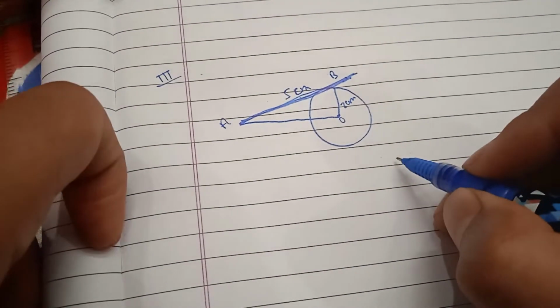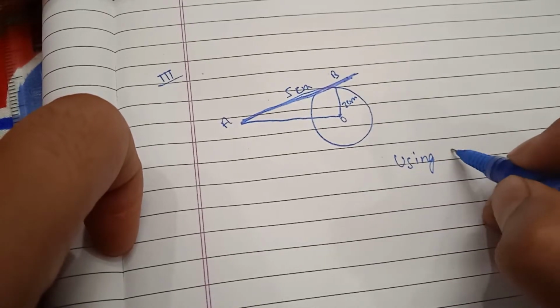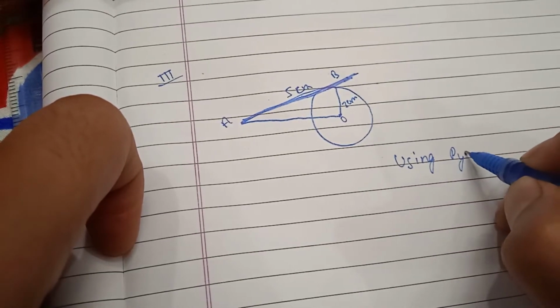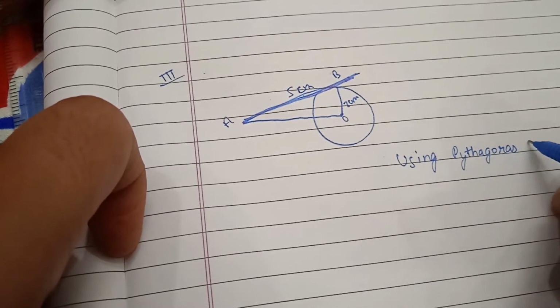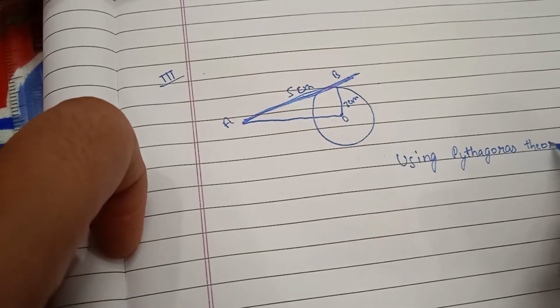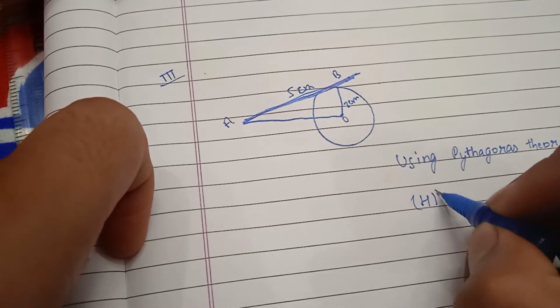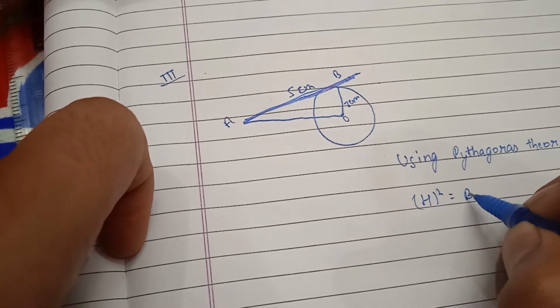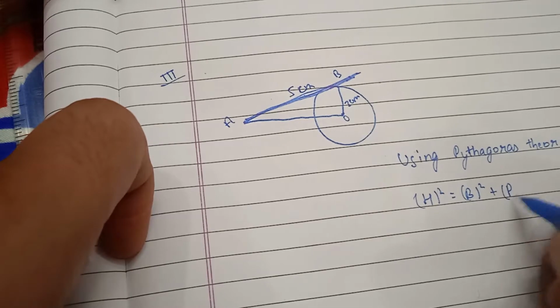So using Pythagoras theorem, hypotenuse square is equal to base square plus height square.